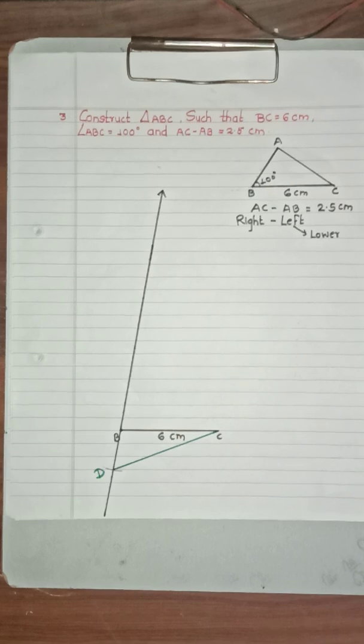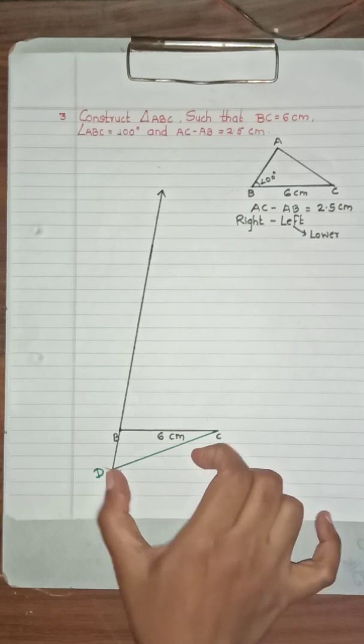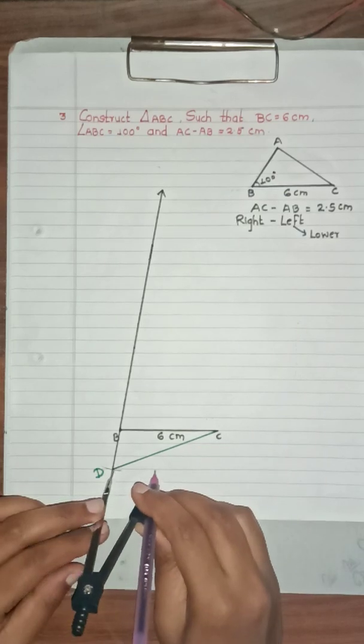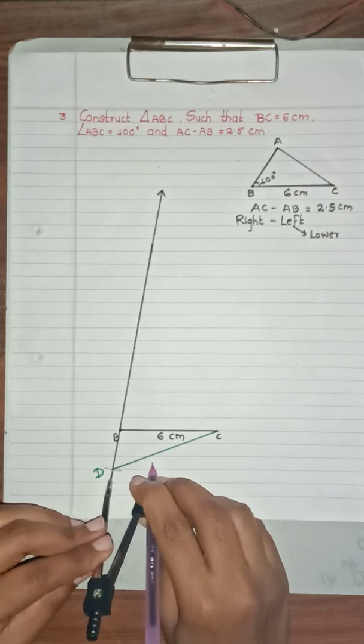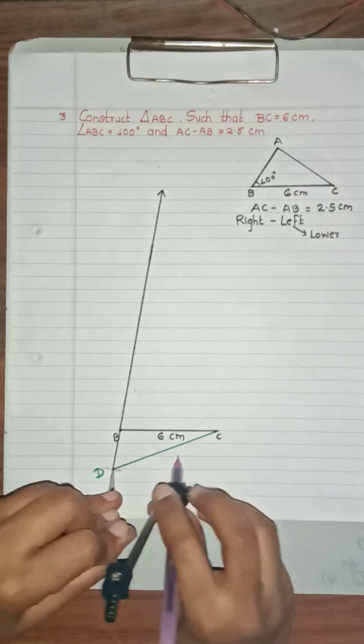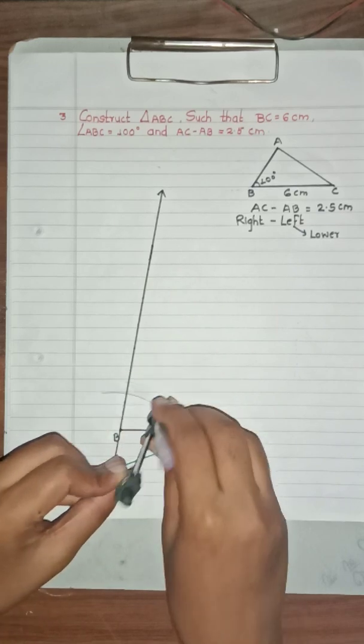Okay, now as you have joined this DC, here you have to draw a perpendicular bisector. So you will take more than half distance over here from D to C. You have to take more than half distance, and you have to mark an arc over here.